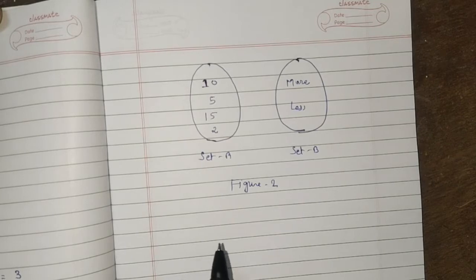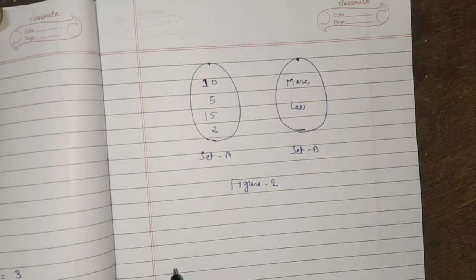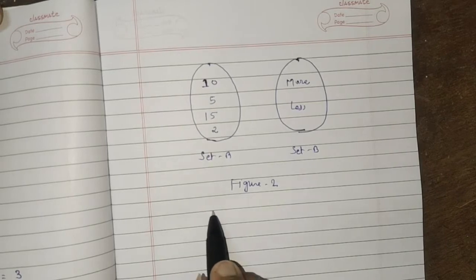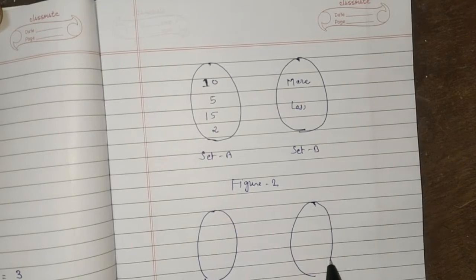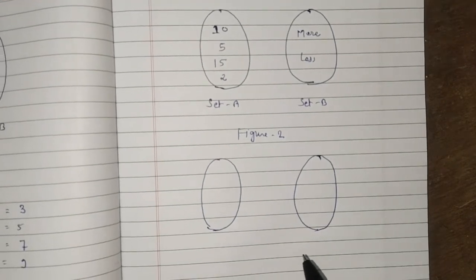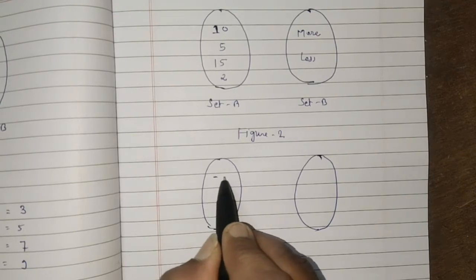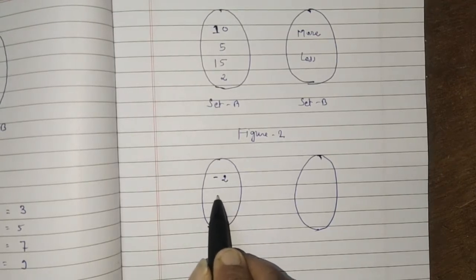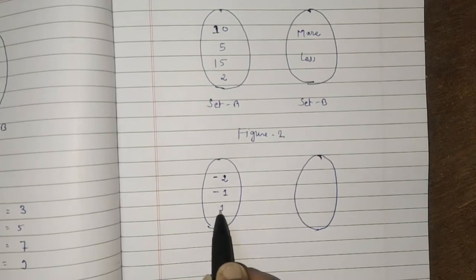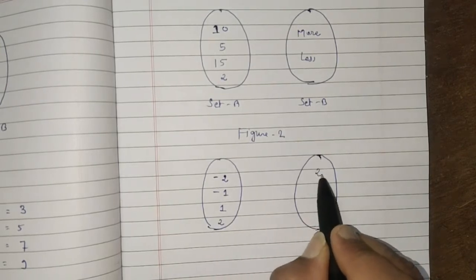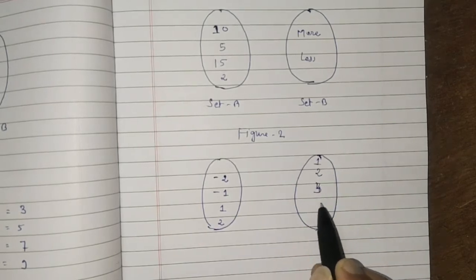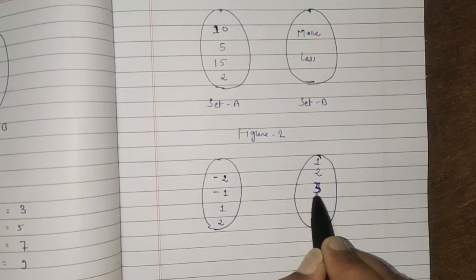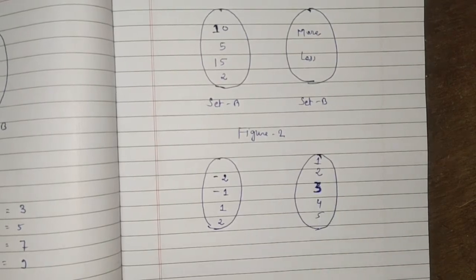Or also we can draw one more figure. Set A has -2, -1, 1, 2 and set B has 1, 2, 3, 4, 5.